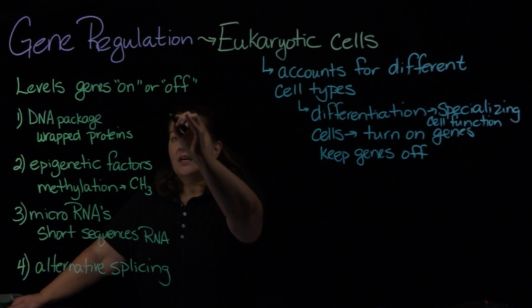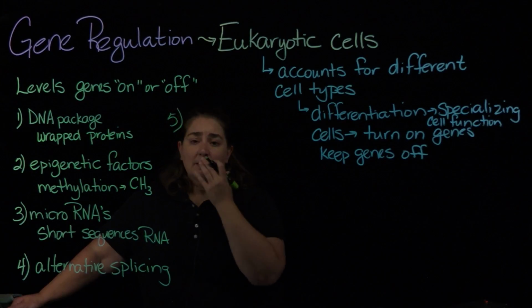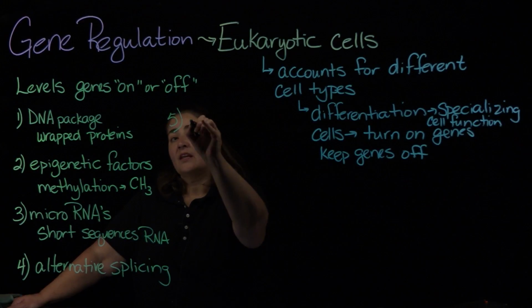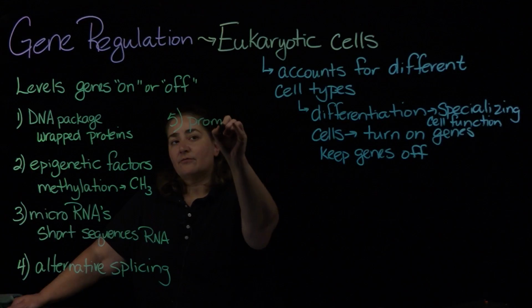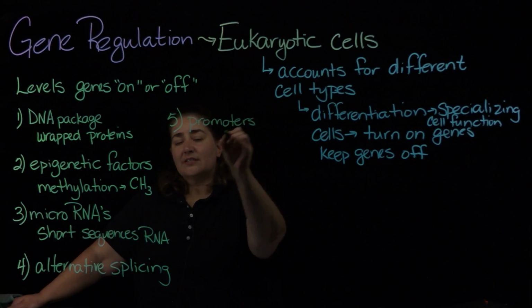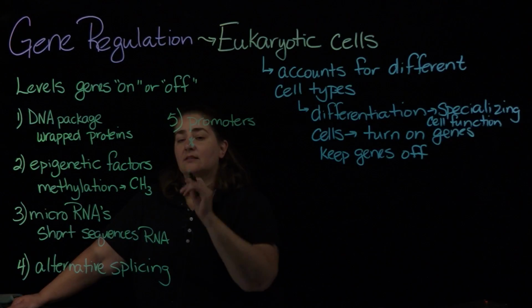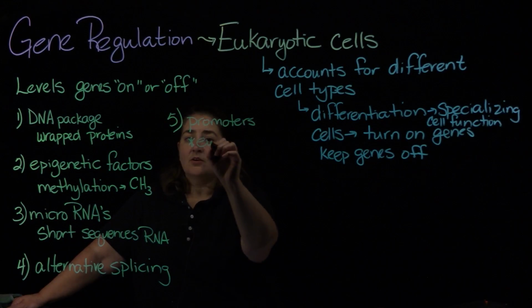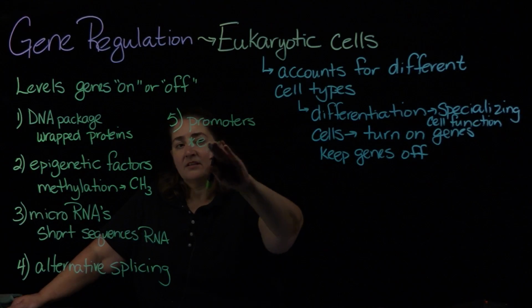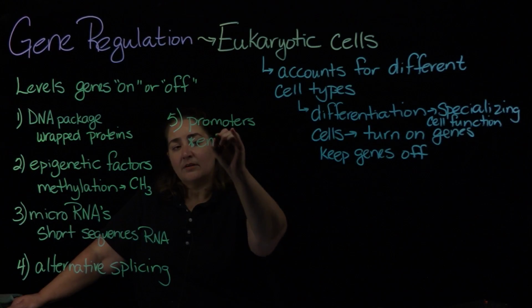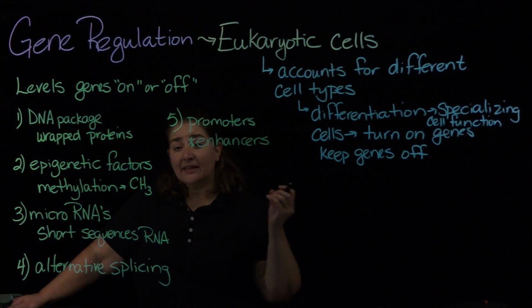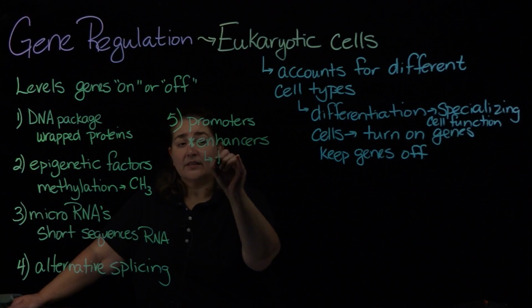All right? And then our last one is going to be a little more analogous to what we talked about with the lac operon. And we're going to have promoters, and in the case of eukaryotic cells, something that makes them different from prokaryotic cells, we are going to have regions known as enhancers. Those enhancers make transcription more likely.